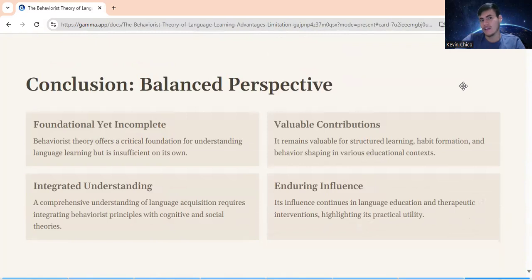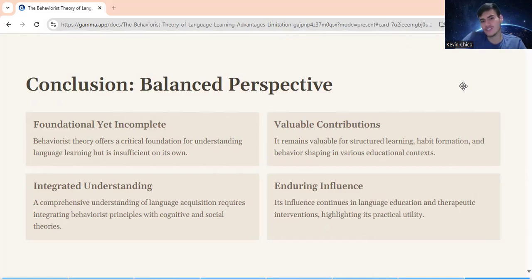And finally, the conclusion balances the perspective. Foundational yet incomplete: behaviorist theory offers a critical foundation for understanding language learning, but it is insufficient on its own.